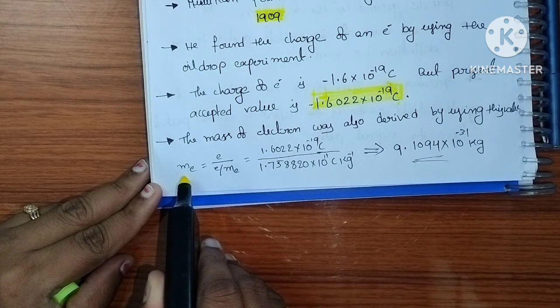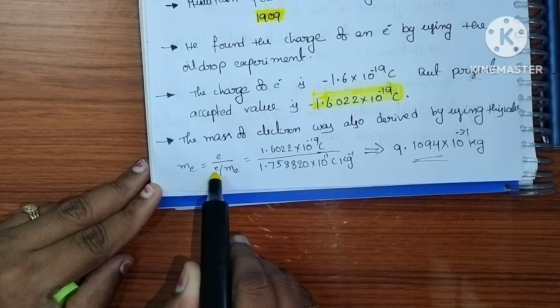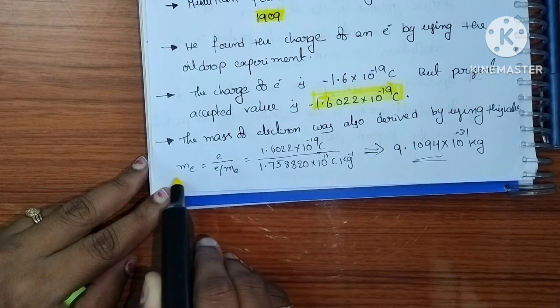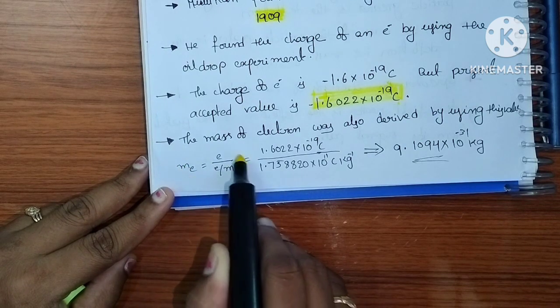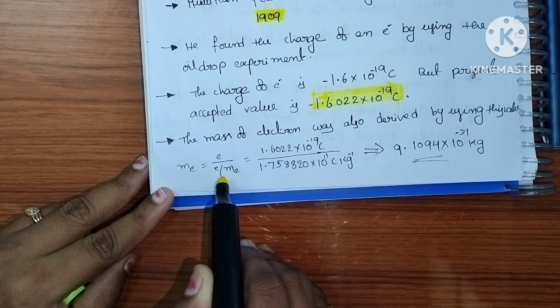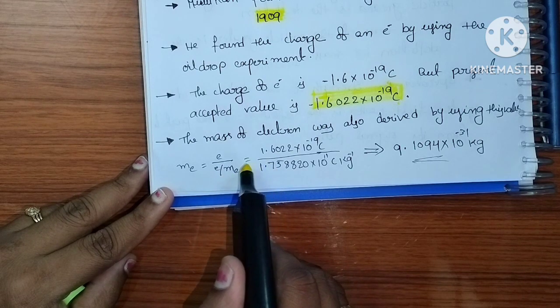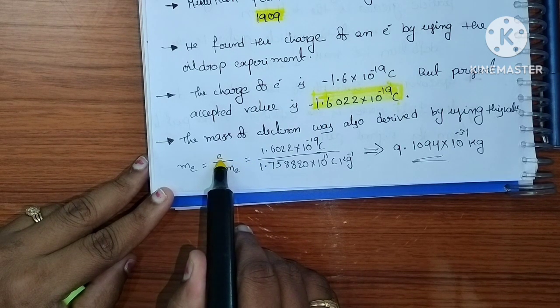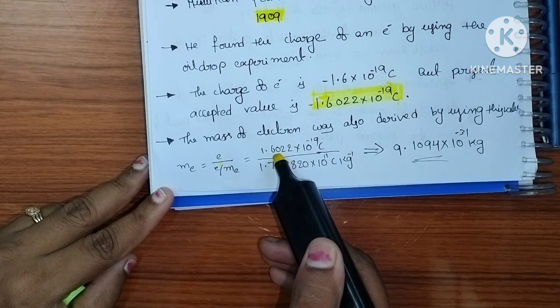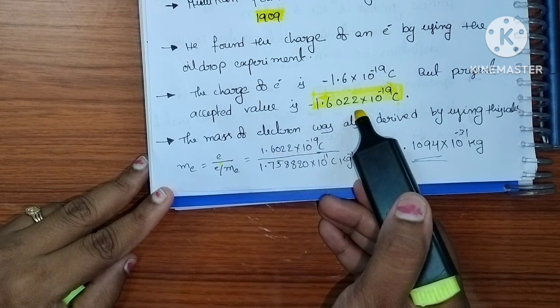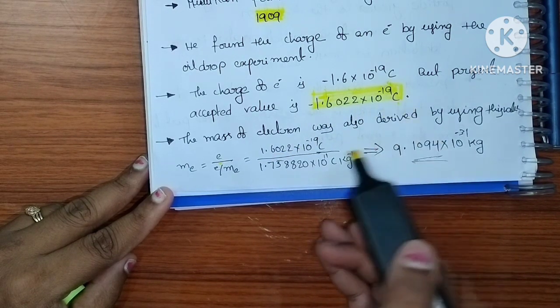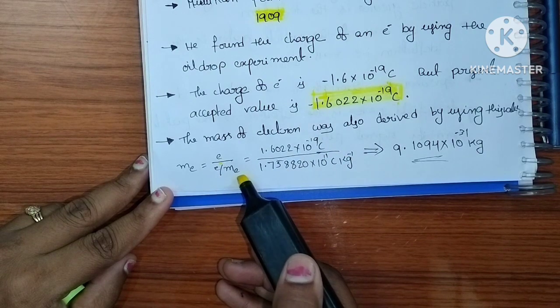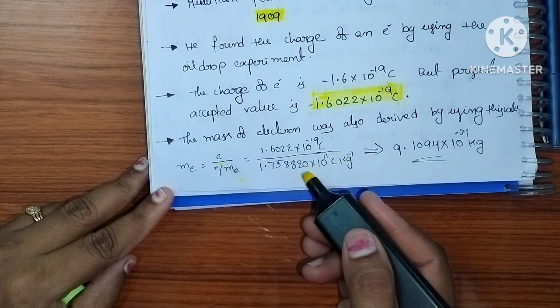The mass of the electron m_e is equal to e divided by e by m_e. So this is the formula. By using this formula, we will derive the mass of the electron. So that is equal to the value of e, that means the charge of the electron, 1.6022 into 10 power minus 19 coulombs, divided by the e by m value.